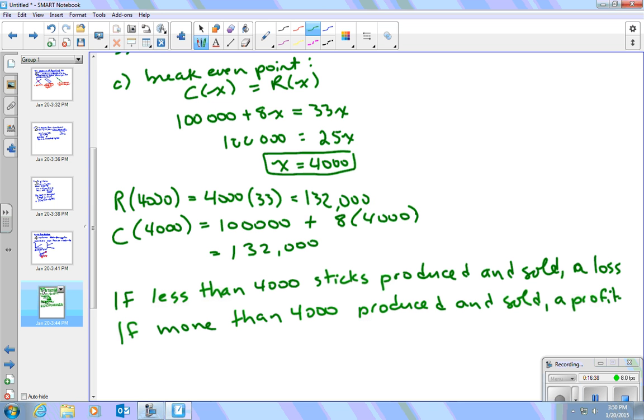So that's a good example of looking at linear systems and systems of equations and comparing the two to find where they intersect, or what in this case the break-even point for that system is.